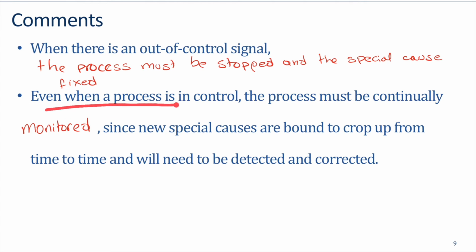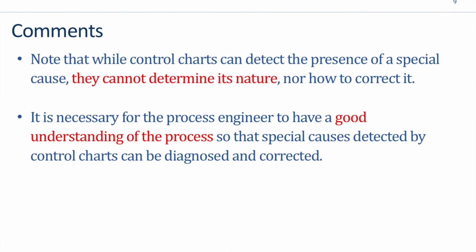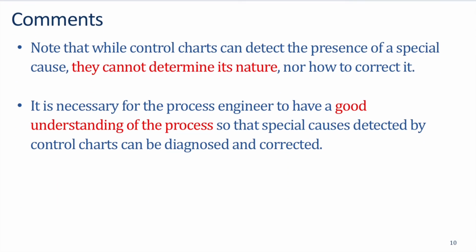So even when the process is in control, the process must be continually monitored, since new special causes are bound to crop up from time to time and will need to be detected and corrected. Note that while control charts can detect the presence of a special cause, they cannot determine its nature, nor how to correct it.